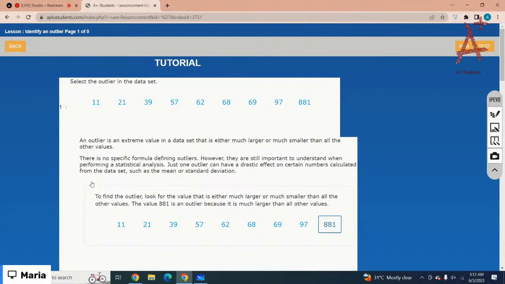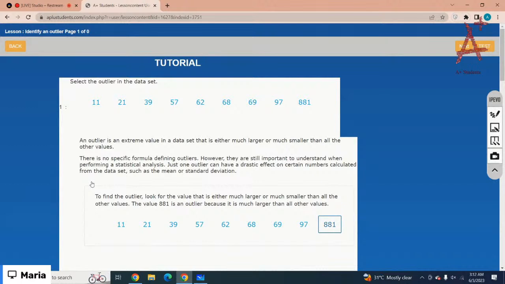Okay, for what is an outlier, let me just read the definition. Just understand the concept. An outlier is an extreme value in the dataset that is either much larger or much smaller than all the other values. Got it? That means it is a very small number or a very big number than all the other values.